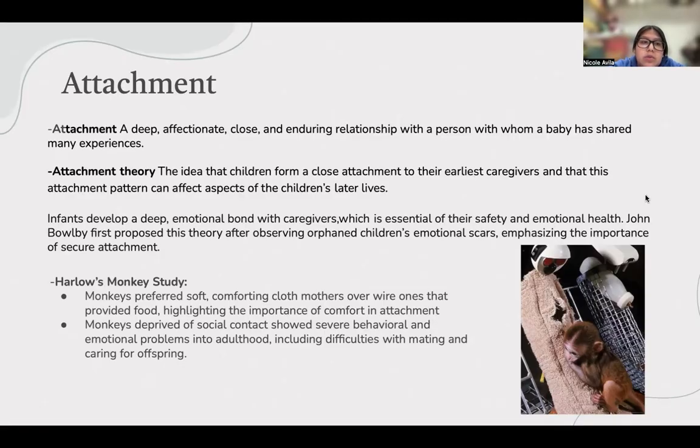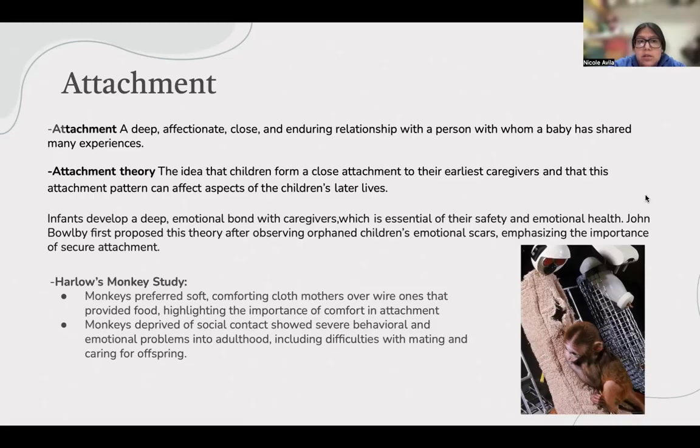It is known as attachment because it's created through consistent and responsive caregiving, typically from around 6 months to the age of 2 years old, and it influences the child's social and emotional development throughout life.